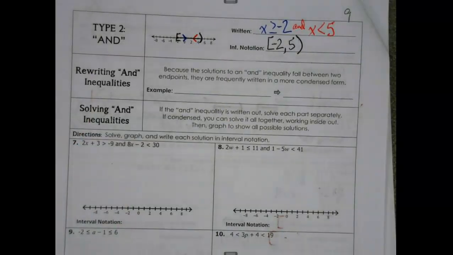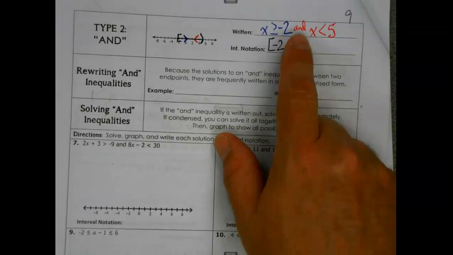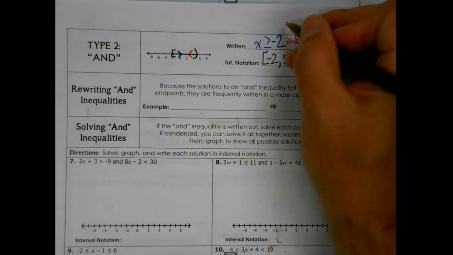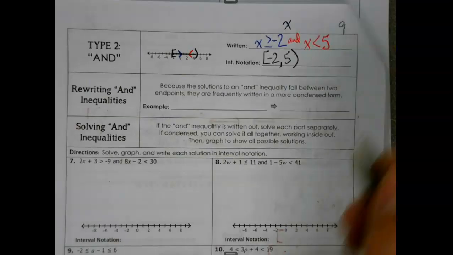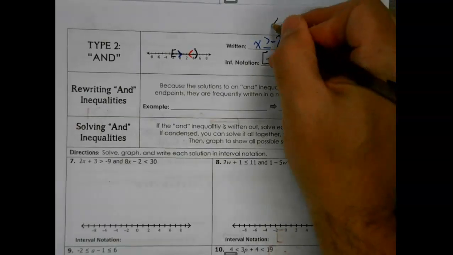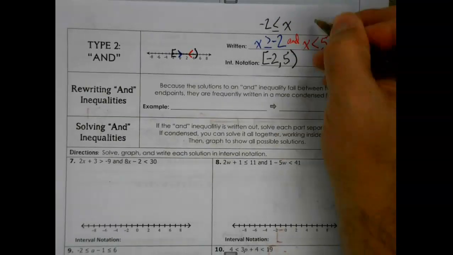And so what tends to start happening to us on these when we're doing it, I can write this in a condensed form, but I don't need to. I can just put the word and in the middle. So for instance, this one, I'll write it once. You might see an answer sometime that looks like this.